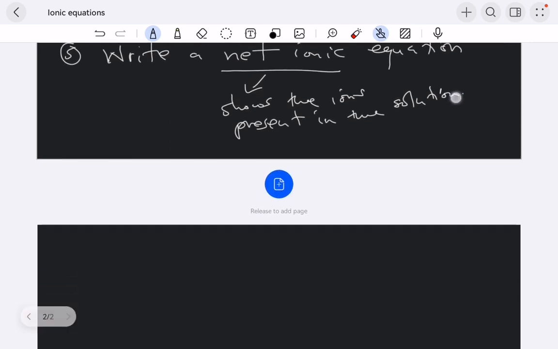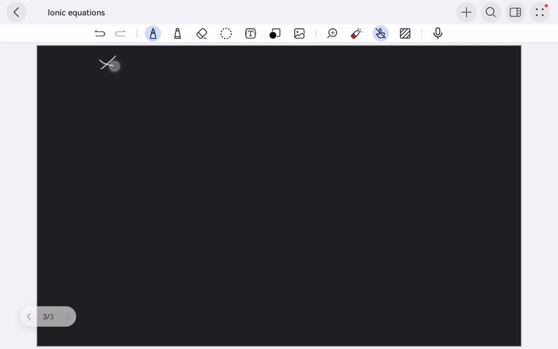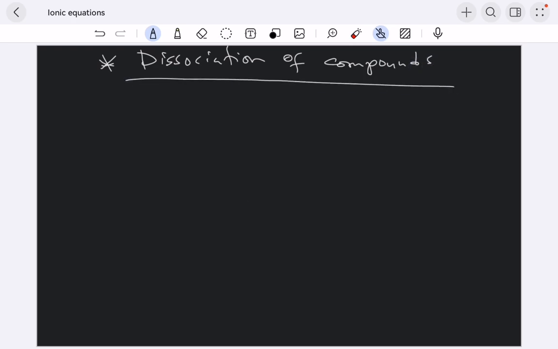Okay, let's look at what we call dissociation of compounds. I'm just going to give very simple examples.